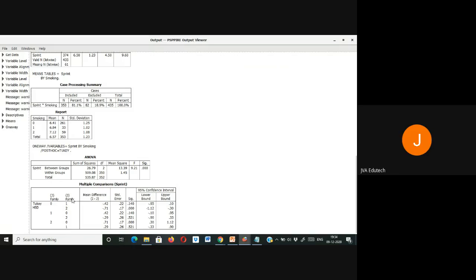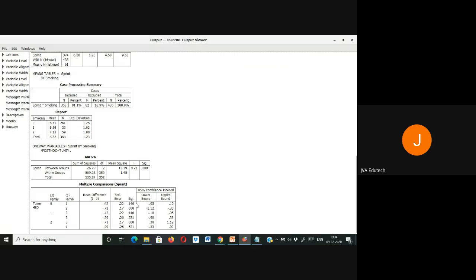Yes, sir. So if you compare group 0, 0 meaning non-smokers, with the past smokers and the current smokers, you find there doesn't exist any significant difference between the non-smokers when compared to the other groups, past smokers and current smokers.